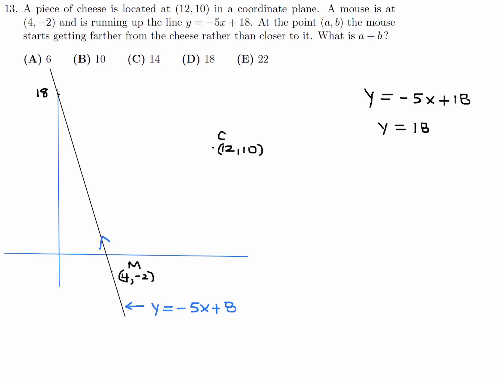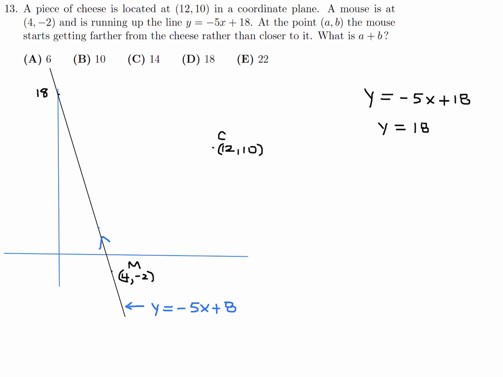So initially he's here, and that's sort of his distance from the cheese. As he gets to here, he starts getting a little bit closer, right? But then once he gets to a certain point, he is the closest he can possibly be while remaining on that line. And that point is very important because that point represents the closest distance.